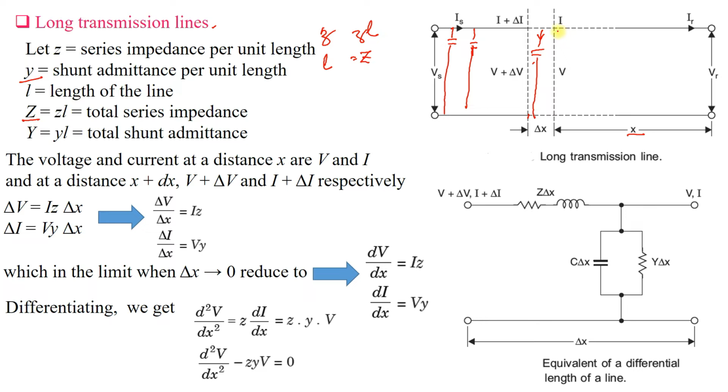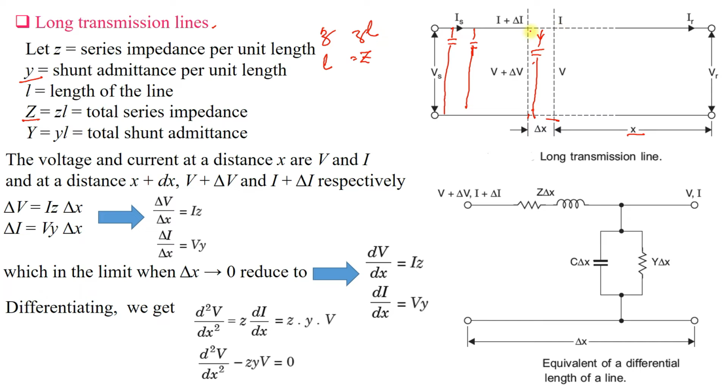So if you consider the current at a point x from the receiving end, and if you consider the length x plus delta x, the actual current will be I plus some delta I, because there will be some more capacitors connected here, and there will be charging current, and you have to consider that charging current also.